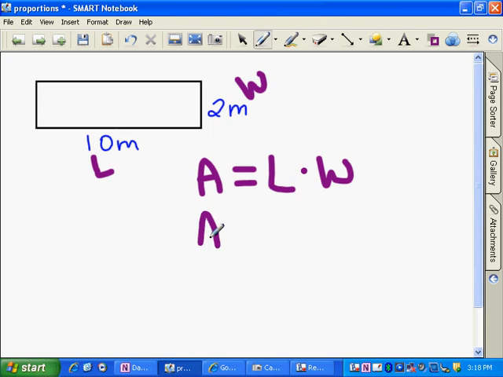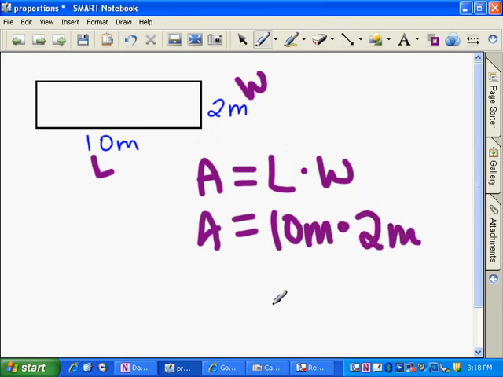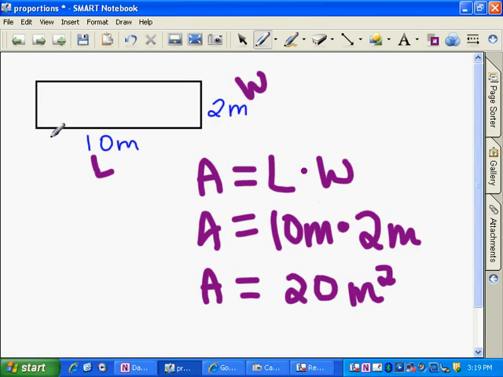Okay, so area is equal to, my length is 10, so I'm going to replace L with 10 meters, times, and my width is 2 meters, so I'm going to replace W with 2 meters here. When I multiply 10 meters times 2 meters, I get 20, and then it's square meters. So there are 20 squares that are 1 meter by 1 meter that fit inside this rectangle right here.